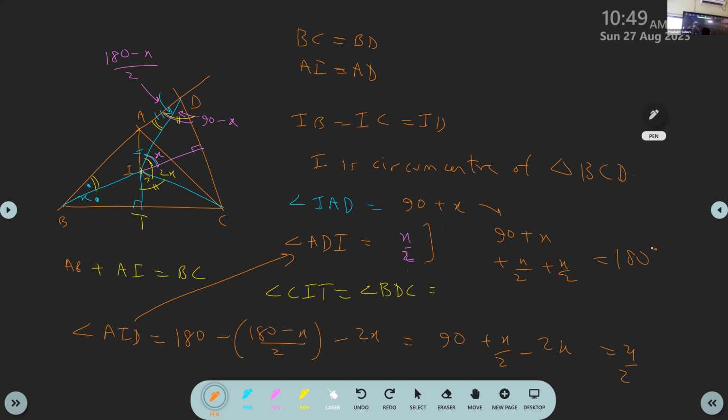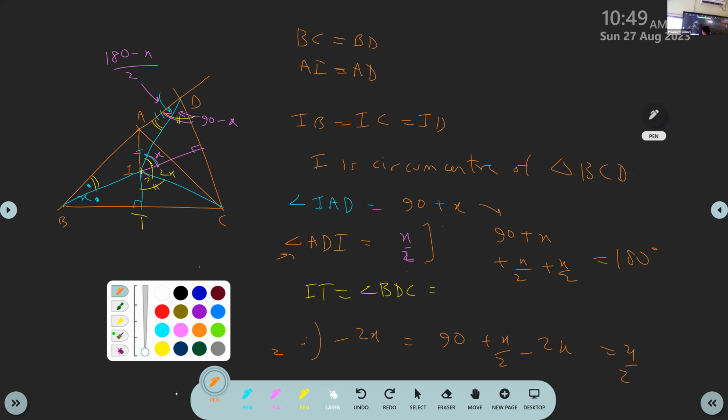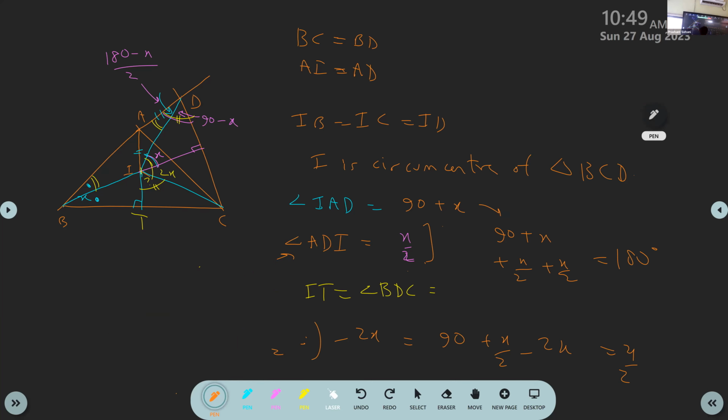Do you see why? Let me just draw that part of the diagram separately. Because we know the central angle is 90 plus B by 2, what we called x in our calculation, but it's okay. So this is 90 plus B by 2.